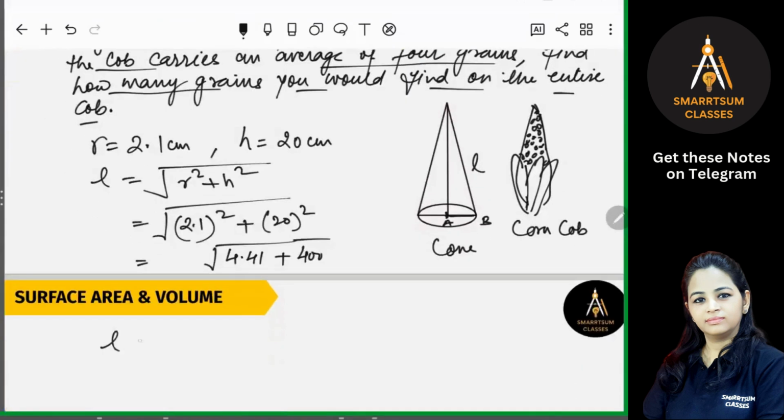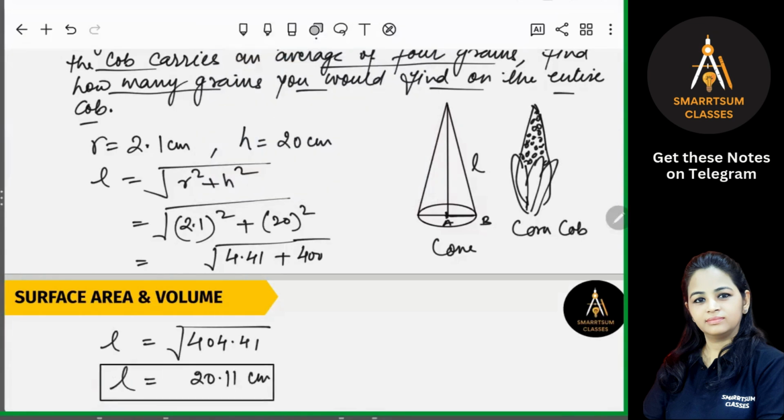Therefore it is equal to 404.41. Is that clear? Square root of 404.41 is approximately 20.11 centimeter, right? So this is the slant height of the cone.